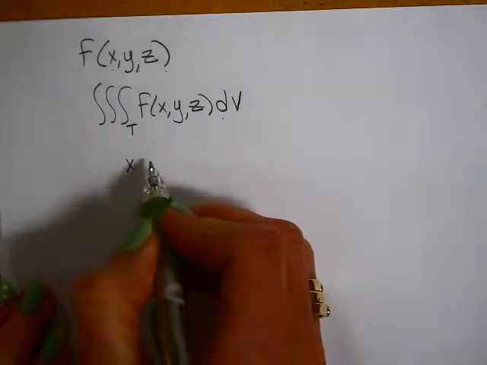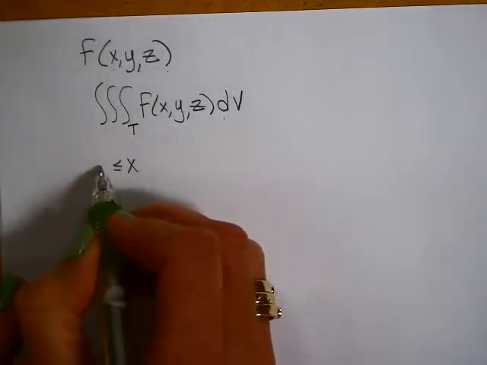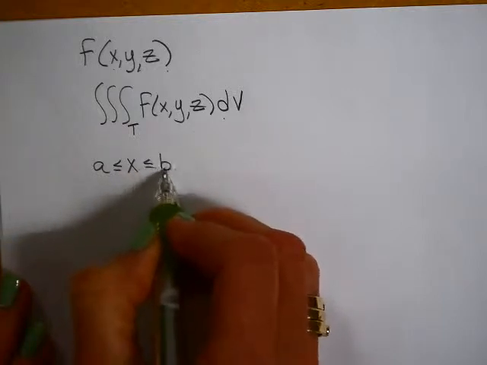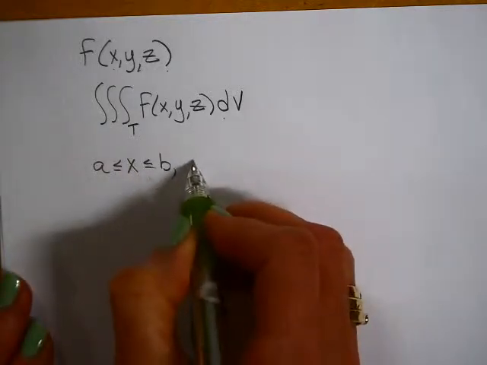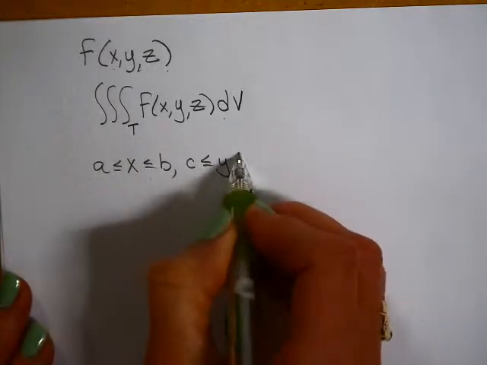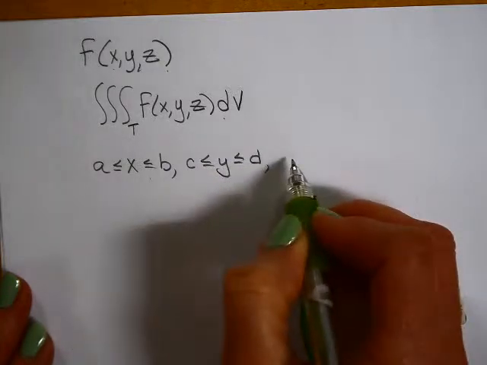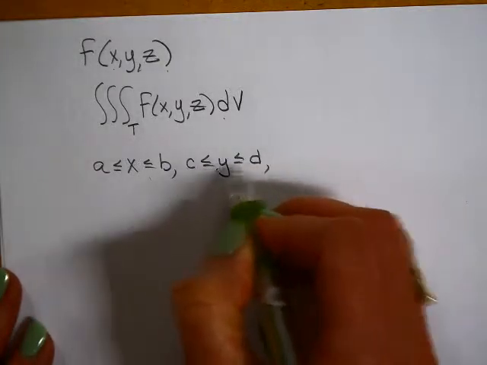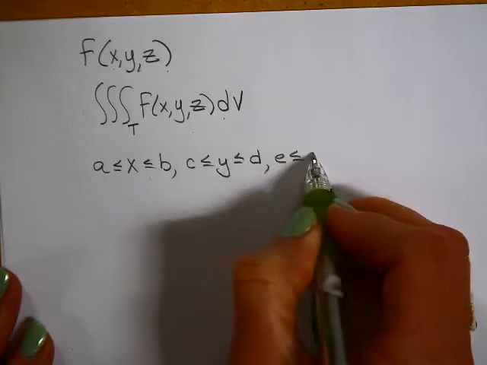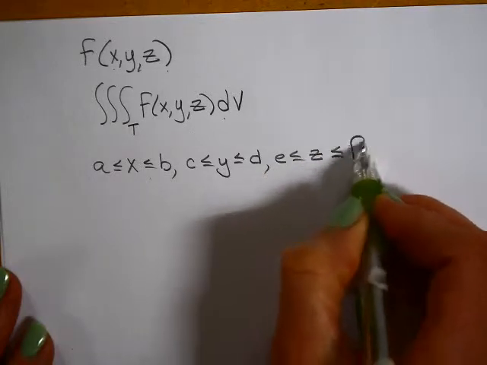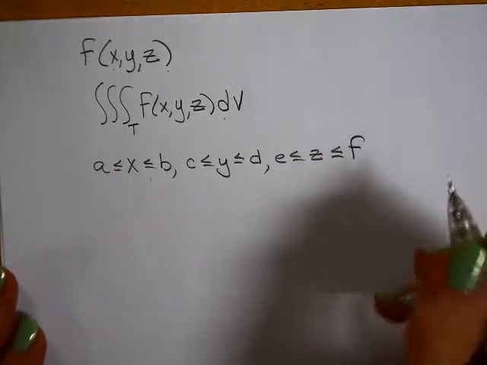is represented by x's, say, that go from A to B, and your y's go from C to D, and your z's go from E to F. That's a lot of letters in there, okay?